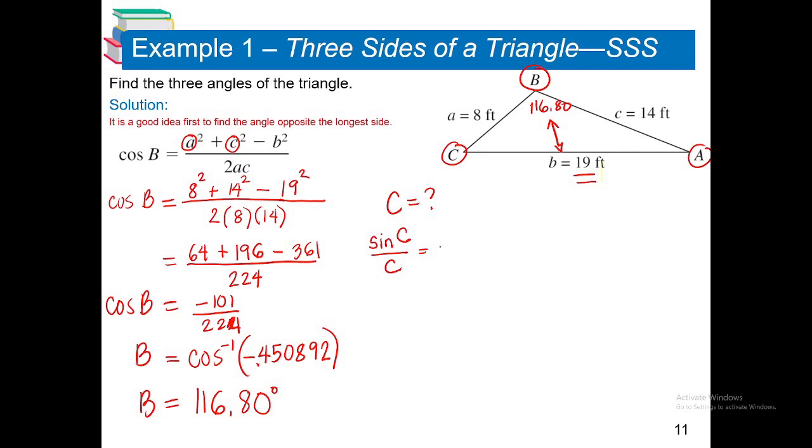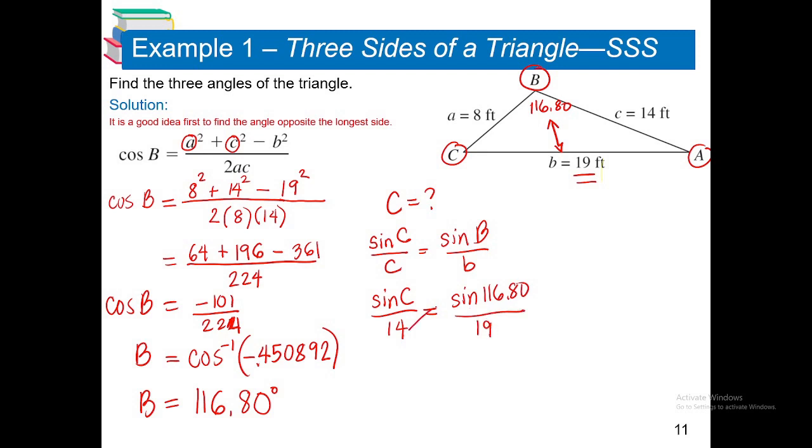What do we pair it with? The given opposite pair, which is angle B and side B. So, sine B over B. Substituting everything, sine C over C, that's 14, is equal to sine 116.80 over 19.